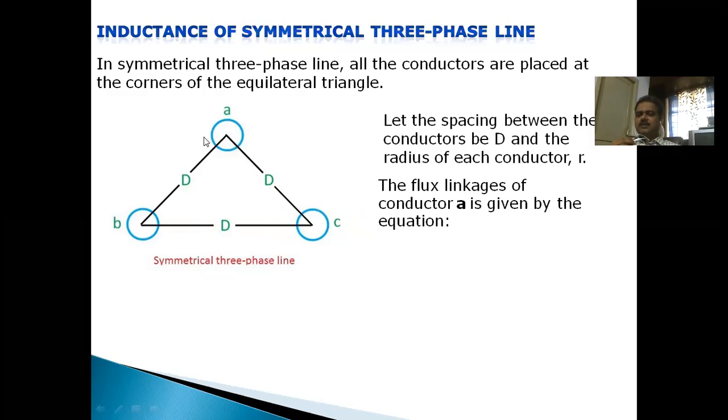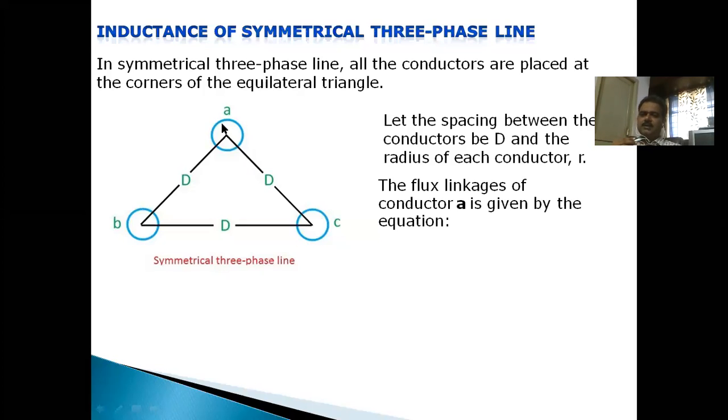This will increase the flux linkages. So the total flux linkages in conductor A are due to self flux linkages and mutual flux linkages due to the other two conductors, phase B and phase C.